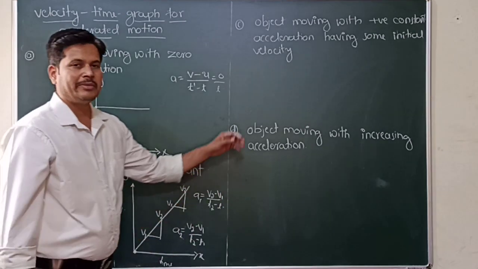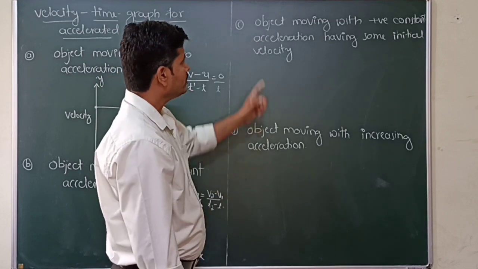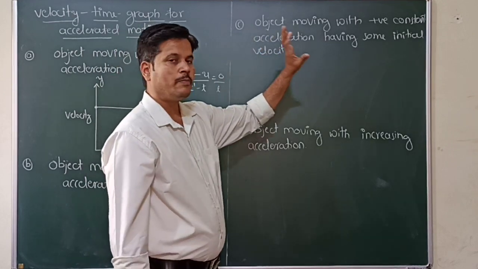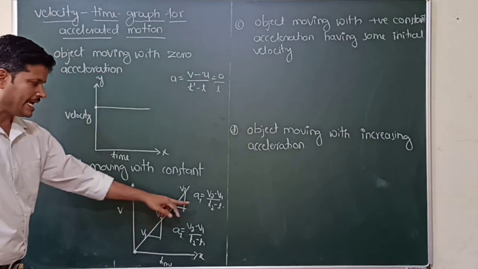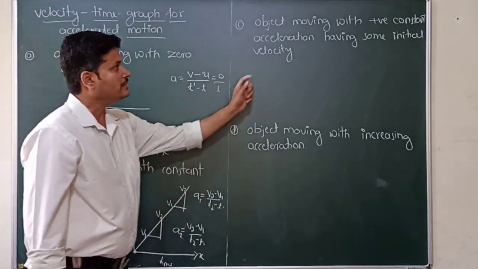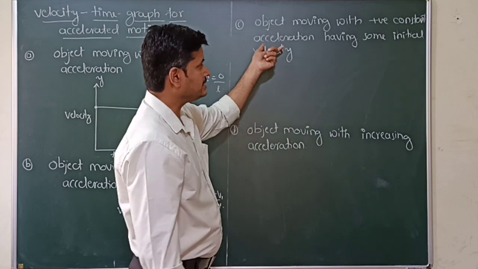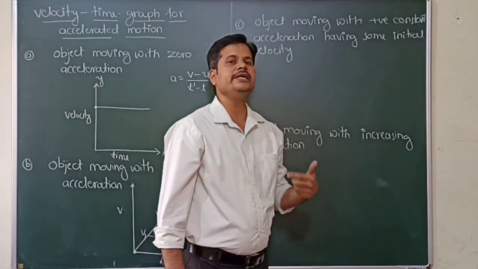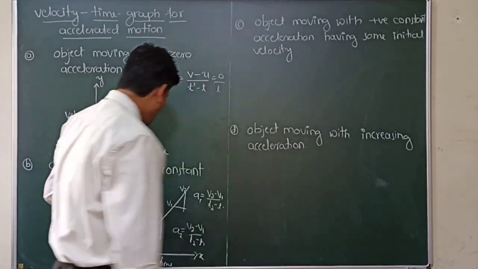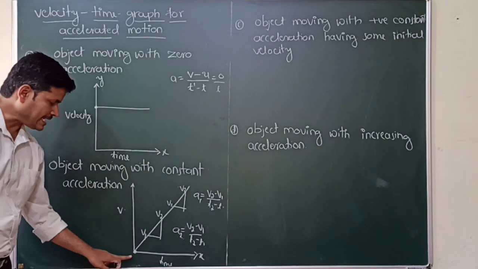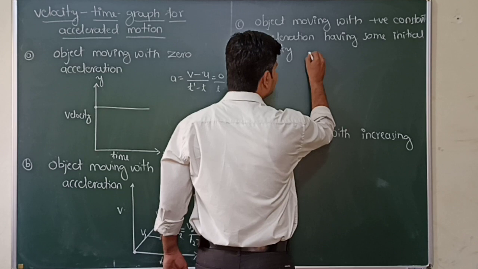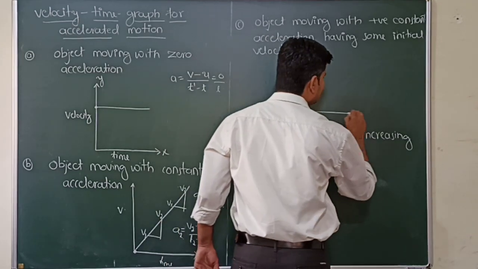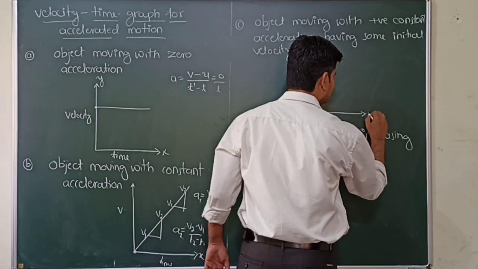Correct? Now similarly, look at the third, the object moving with positive constant acceleration. This is also a positive constant only. A1 and A2 are constants. Positive constant acceleration having some initial velocity. That means the object here has initial velocity 0, but here the object does not have initial velocity 0.